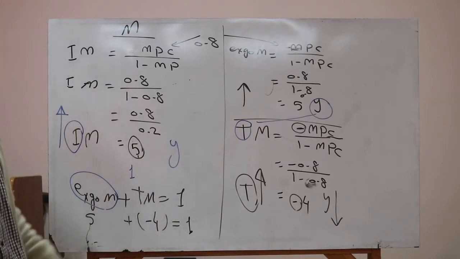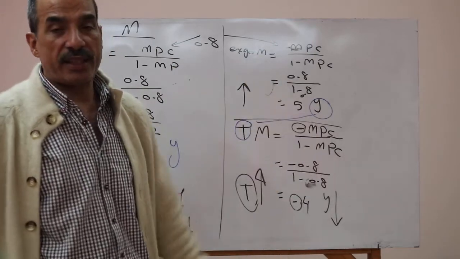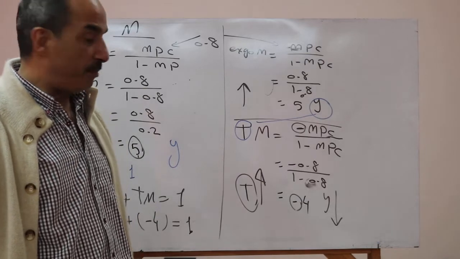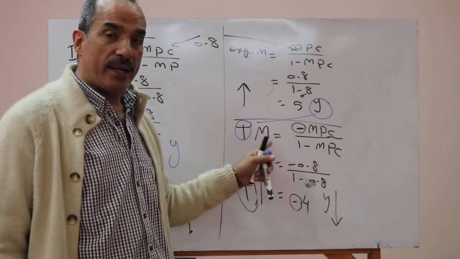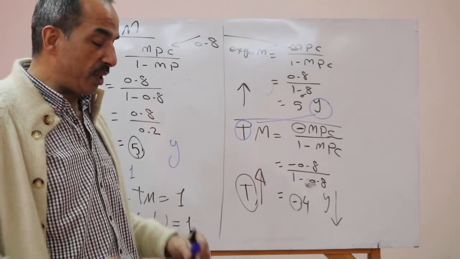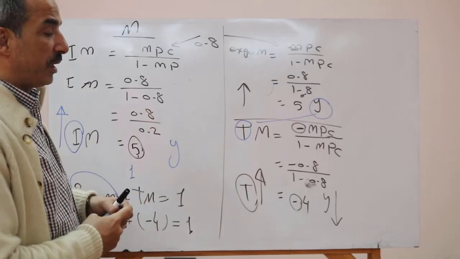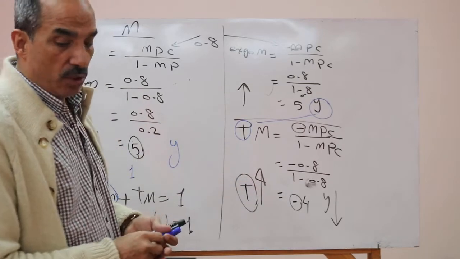The expenditure multiplier must be positive, because we have a positive relation between expenditure and national income. The tax multiplier must be negative, because we have a negative relation between taxes and national income. Okay?